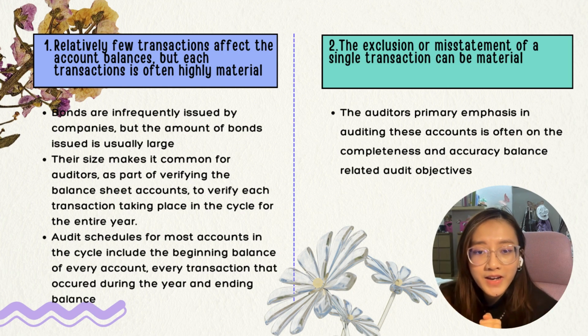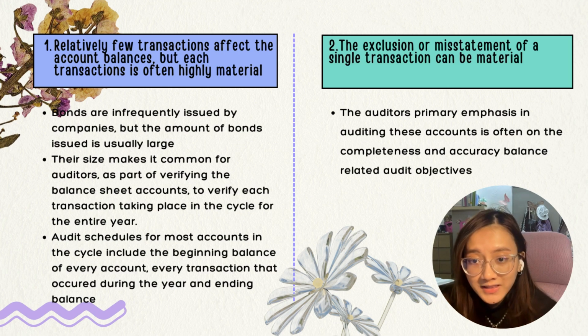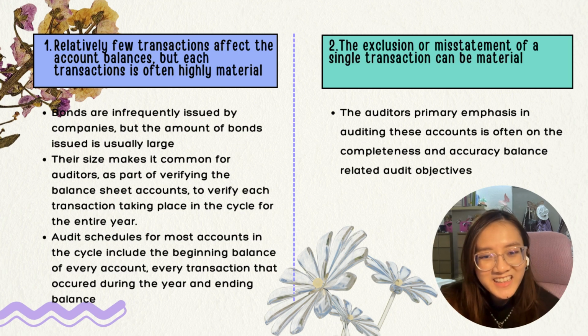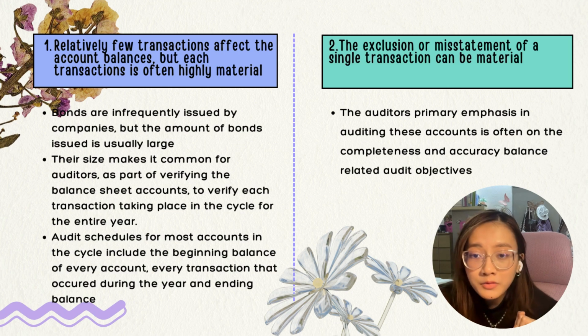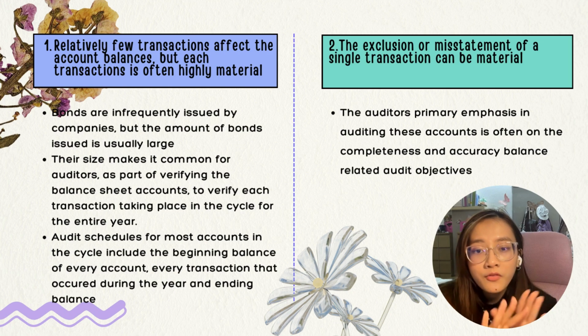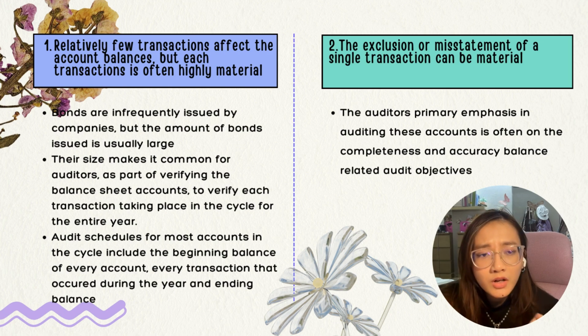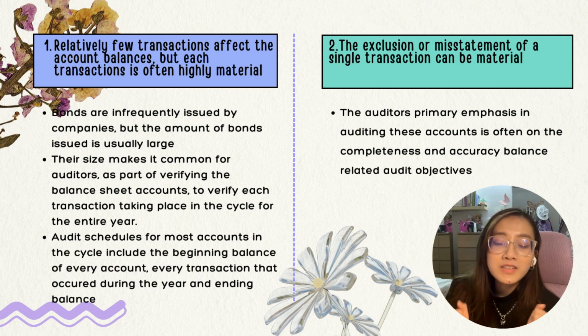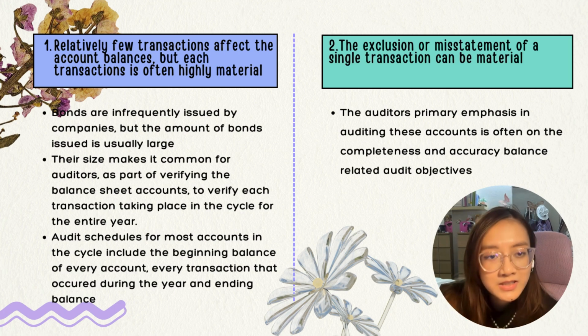Completeness means verifying that no transactions have been omitted or forgotten, and accuracy means checking that each transaction has been recorded correctly in terms of amount, date, and account classification. For accounts involving infrequent but large transactions, ensuring these objectives are met is crucial because any errors could have a substantial effect on the financial statements.